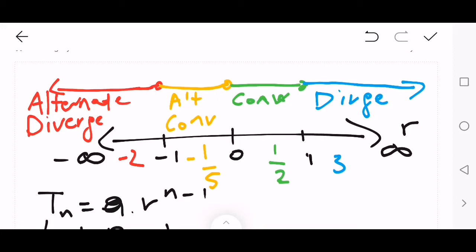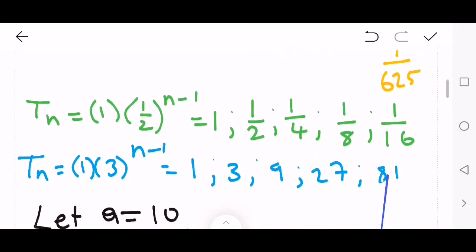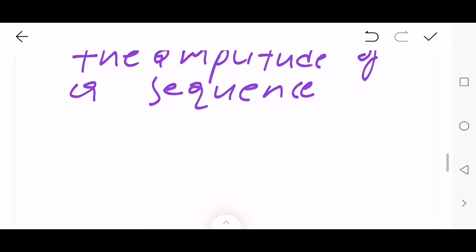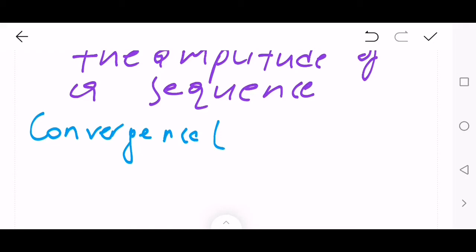So we can go ahead and conclude that convergence occurs between minus 1 and 1, or when r is between minus 1 and 1.